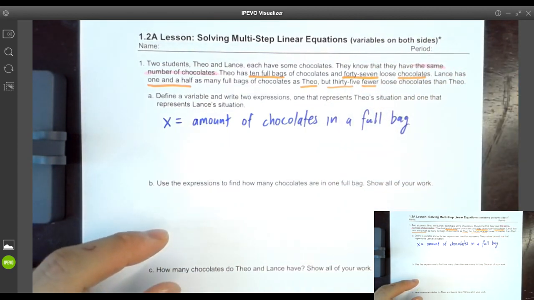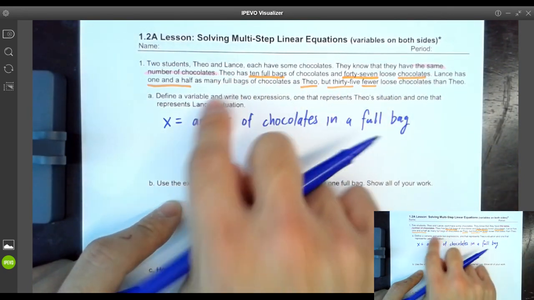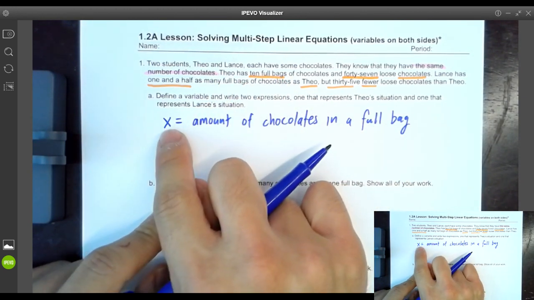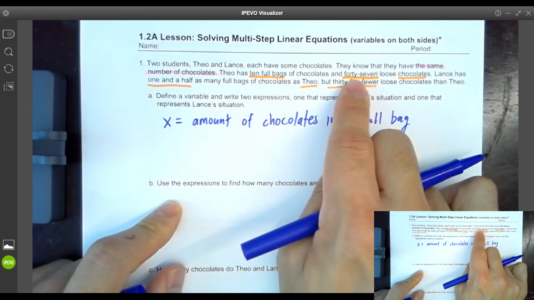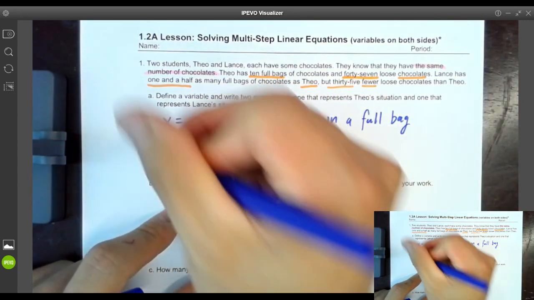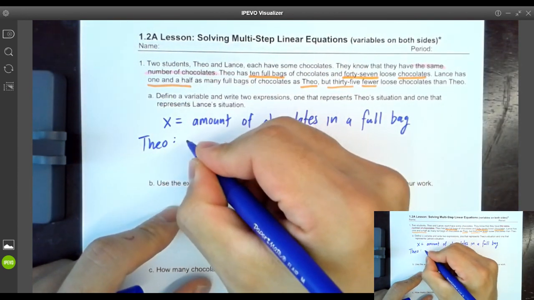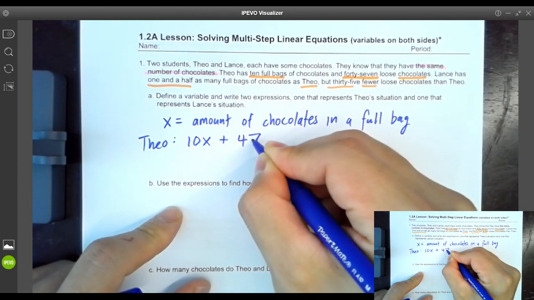And once we know that, we can slowly start defining Theo and Lance as an expression. Theo has 10 full bags, so we have x is a full bag. He has 10 of those, and he has 47 loose chocolates. So I'm going to go ahead and write Theo as 10x plus 47.